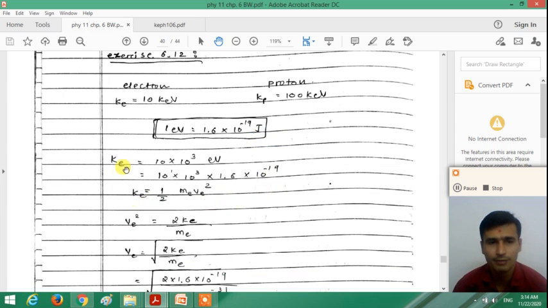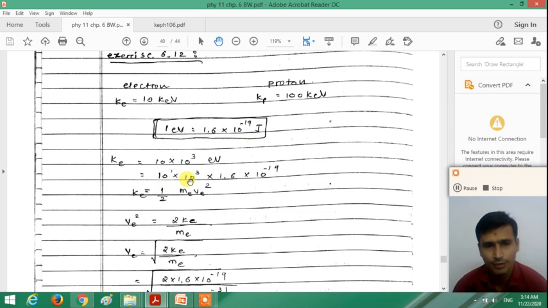So from the equation of kinetic energy of the electron, K is equal to 10 kilo electron volt. Kilo means 10 raised to 3 electron volt. So 10 into 10 raised to 3 electron volt. Now how do we convert electron volt into joule? 1 electron volt is equal to 1.6 into 10 raised to minus 19 joule.